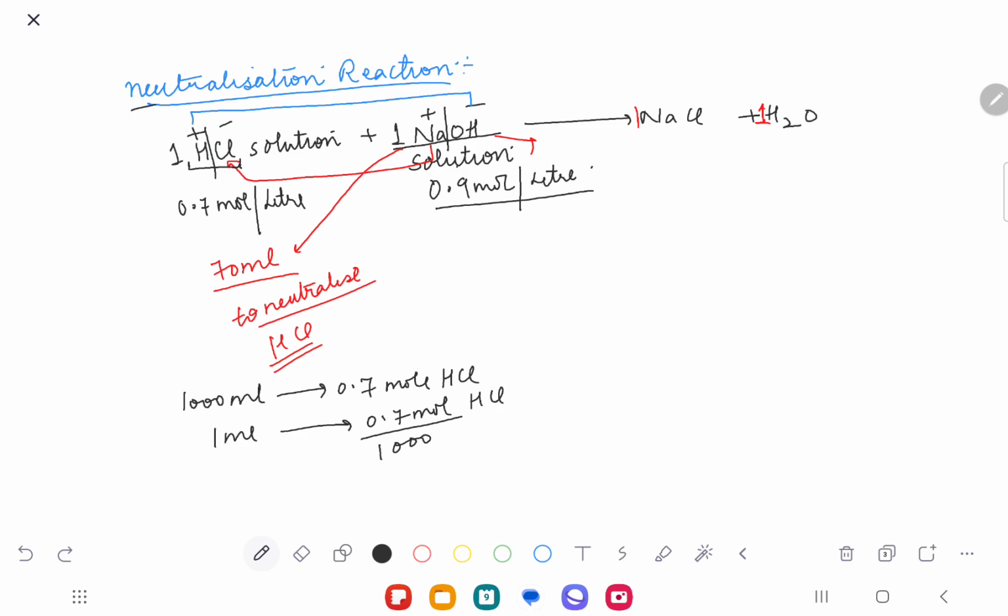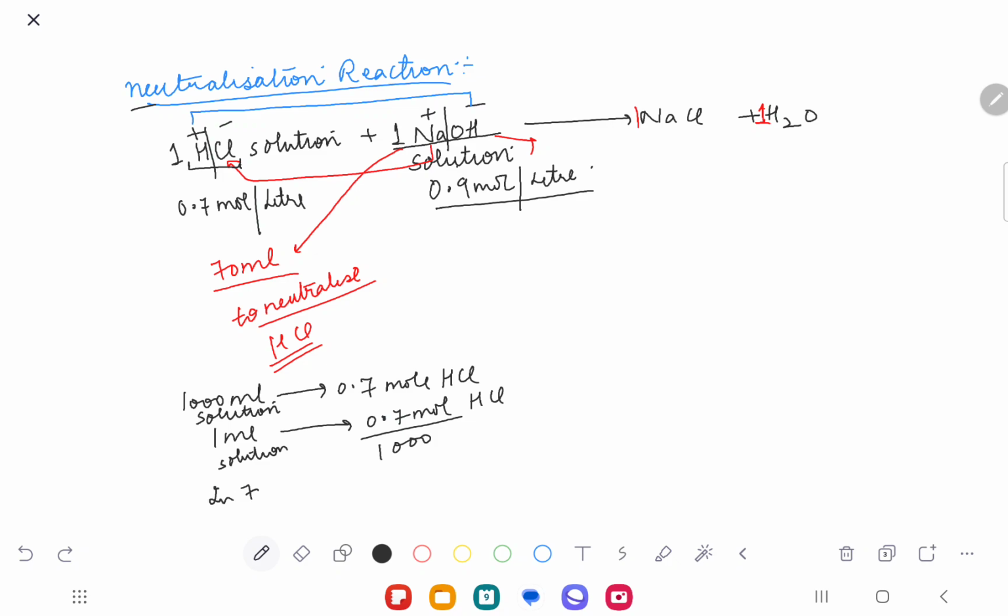If I have 1000 ml of solution, in that solution I will have 0.7 moles of HCl. Definitely there is some water as well, but the amount of HCl is 0.7 moles. That's the concentration we have taken. So in 1 ml solution, how many moles of HCl do you think you will have? You will have 0.7 over 1000.